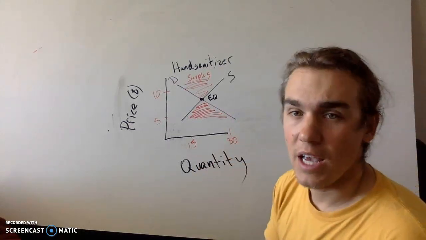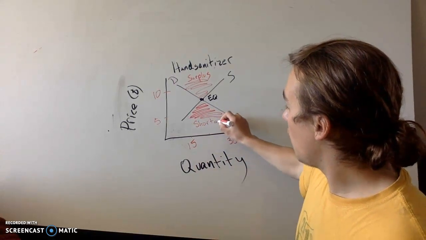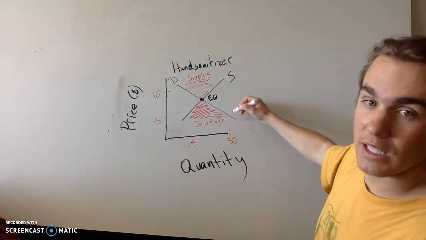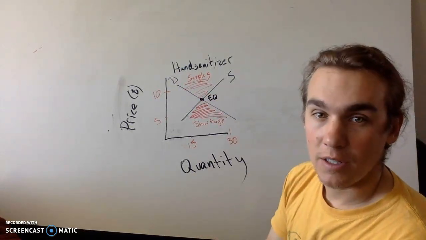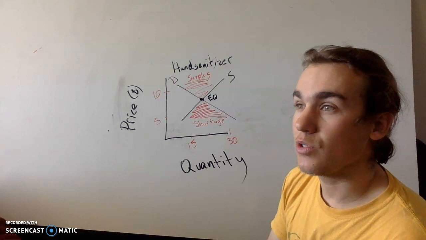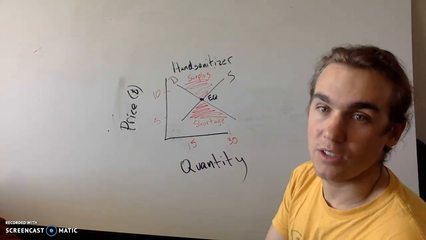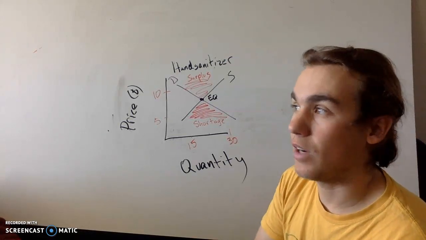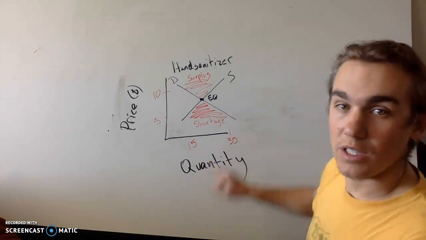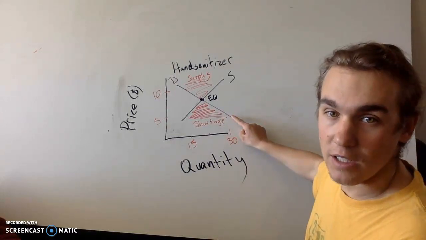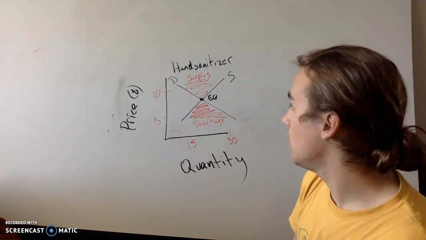And what that says is that you have a shortage because more of the product is being demanded than is being supplied. It's like when a store runs out of something. You're seeing that nowadays a lot with hand sanitizer and toilet paper, fresh vegetables. There is a shortage because there is more demand than there is supply.